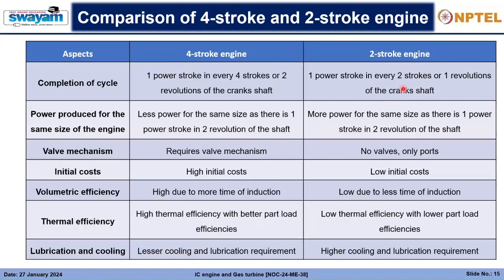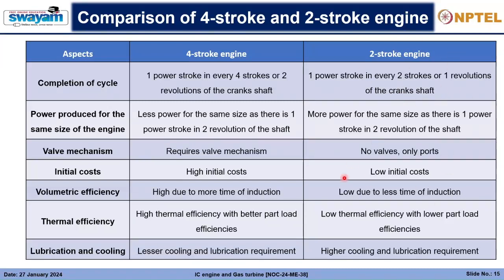But in the two-stroke, a huge amount of heat is transmitted to the cylinder walls, because every revolution is accompanied by one combustion. So the frequency of combustion in a four-stroke engine is less. In the two-stroke, the frequency of combustion is high, and combustion is the only factor heating up the cylinder walls.